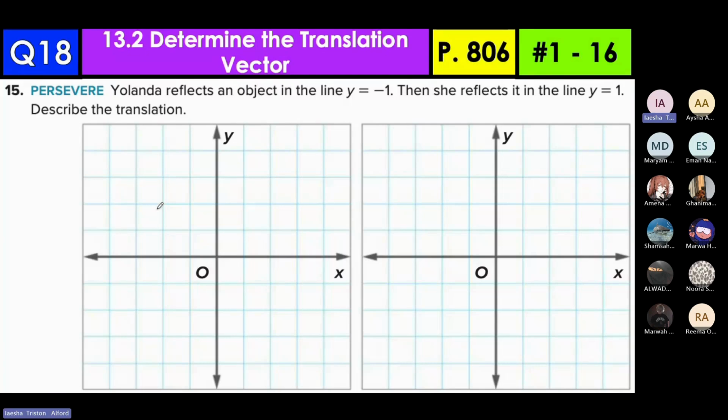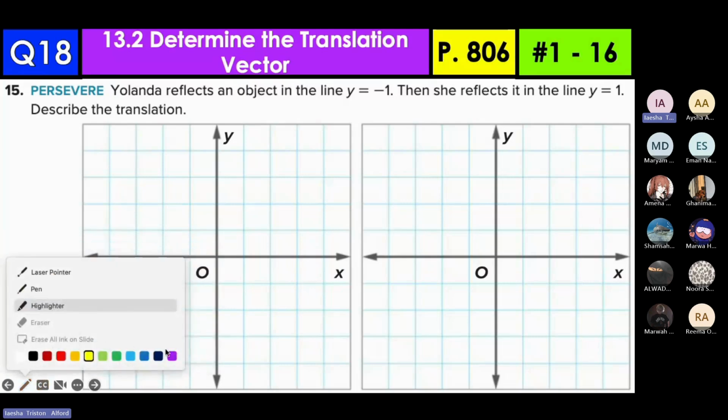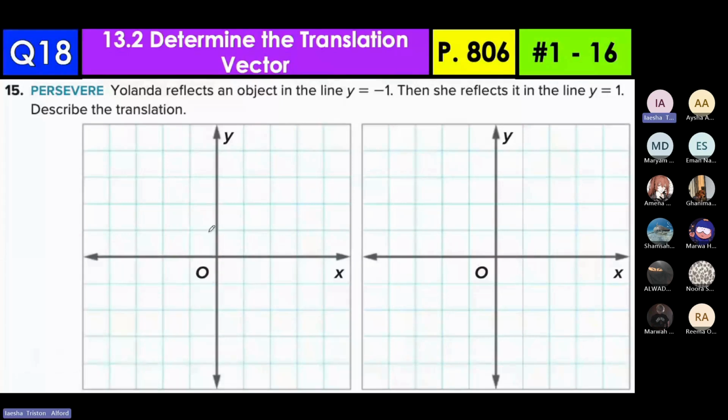Yolanda reflects an object in the line y equal -1. So where is y equal -1? Cross the y-axis at -1. So here. Okay.